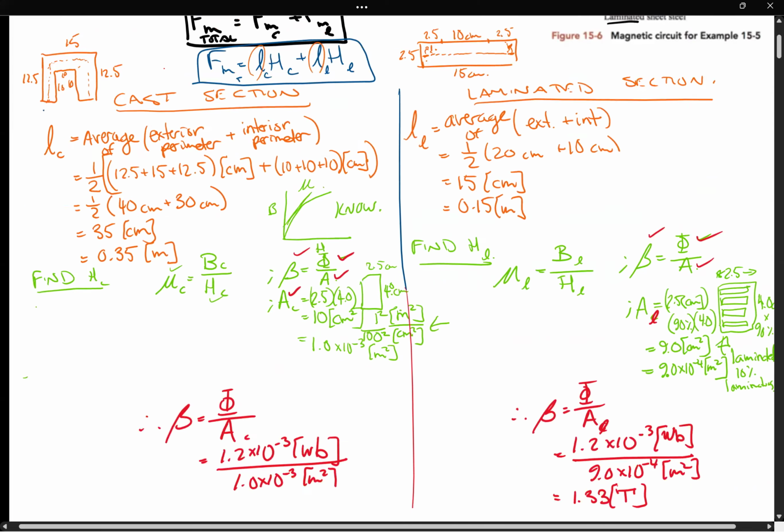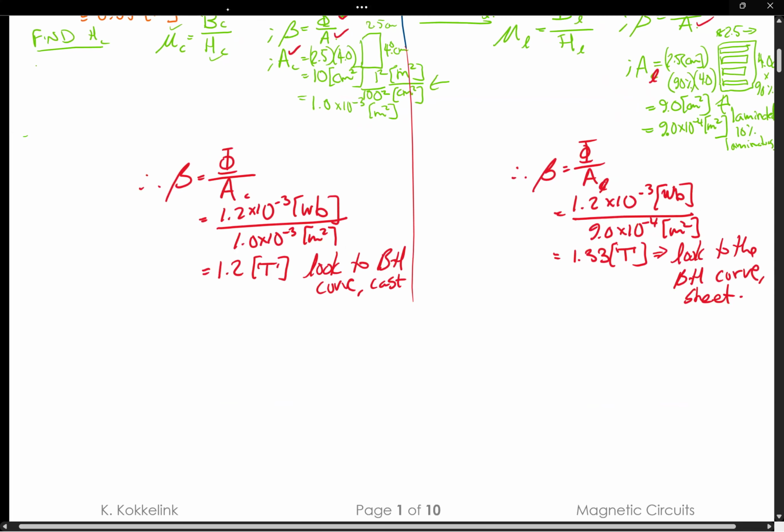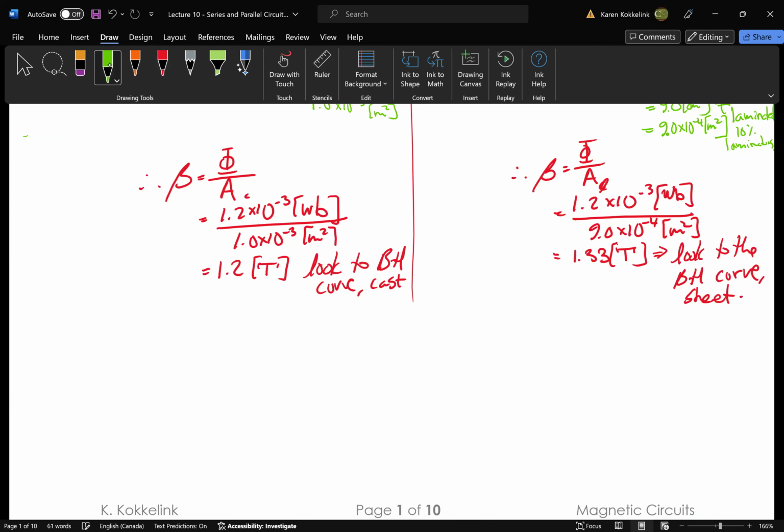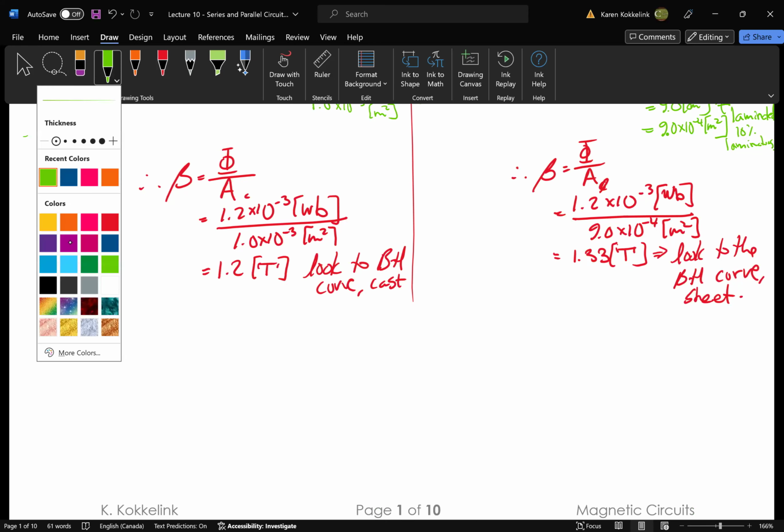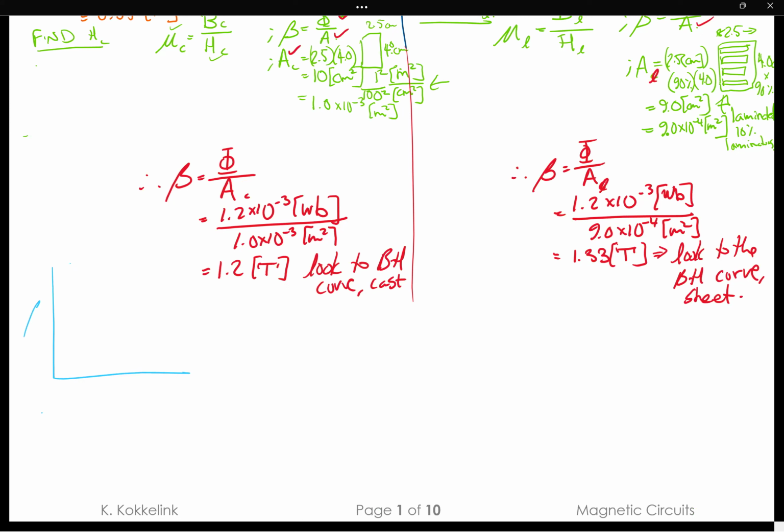So let us do that. And when we do that, which you can look up on the internet, you can find in textbooks, etc., you will see that there is a relationship between flux density and magnetic field strength. That goes something like this.